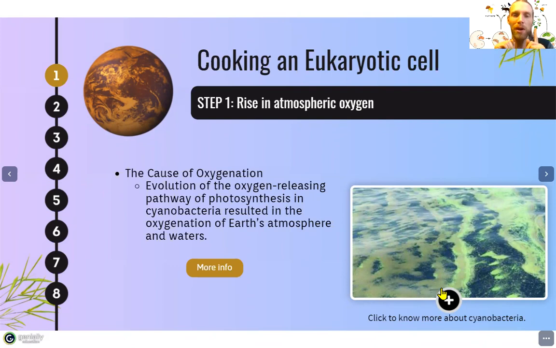So our story of the explanation of the endosymbiotic theory starts when we assume that we already have bacteria on planet Earth. And we know that we have had bacteria on planet Earth for millions and millions of years, even billions of years, okay? Bacteria, we know as a fact, were the first kind of organisms on planet Earth.